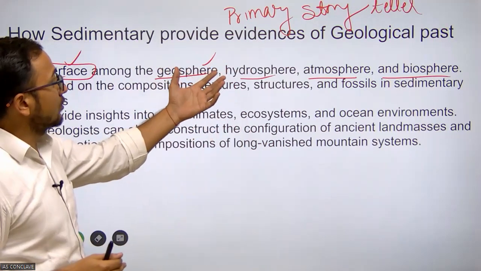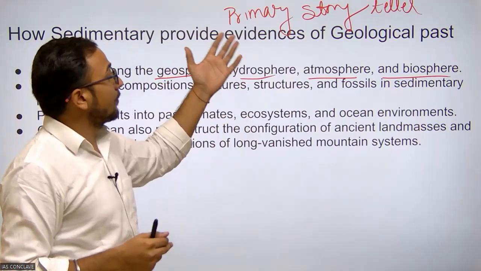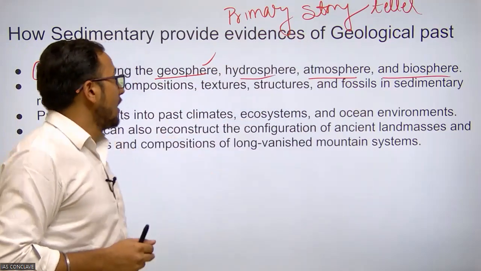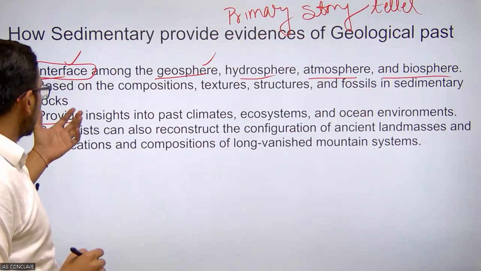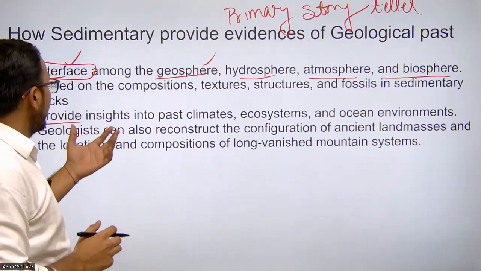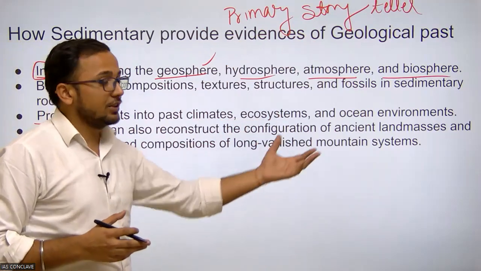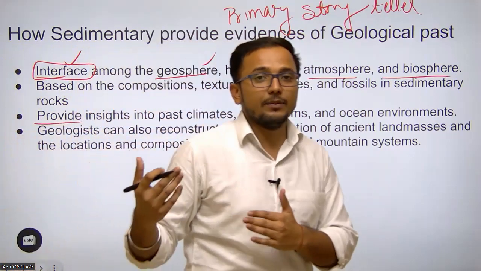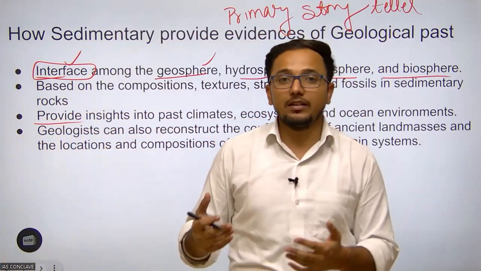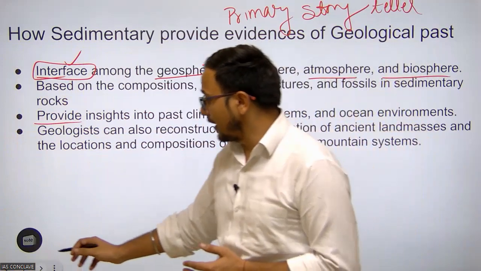Yes, we can, and that's why we call sedimentary rocks primary storytellers. They provide insight into the past climates, ecosystems, and ocean environment. We know that sedimentary rocks have varieties like detrital, organic, and chemical sedimentary rocks. From this we can also refer to the textures of the sedimentary rocks.